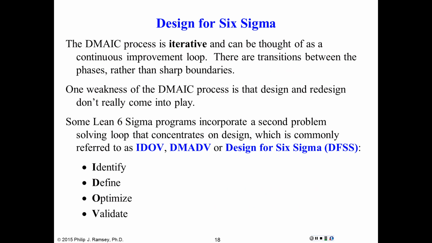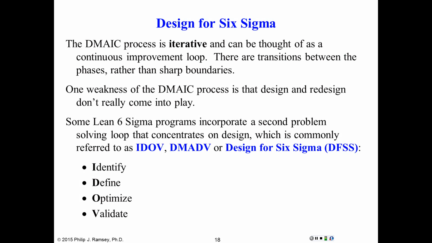Okay. I won't talk about it right now, but there is also another flavor of Six Sigma called Design for Six Sigma. The DMAIC process itself is really geared to continuously improving a process, a product, or a service that already exists. Okay. So it's not really something you would use if you're designing or redesigning. Okay.